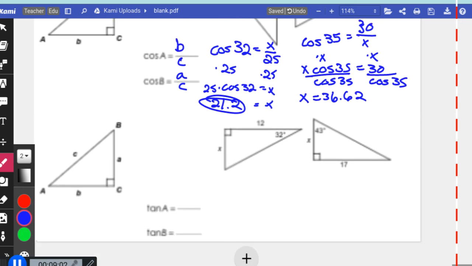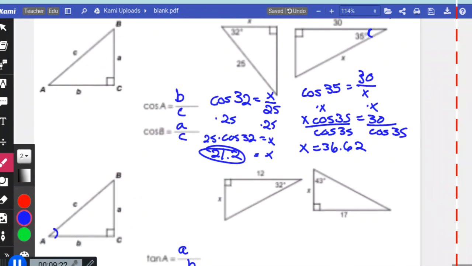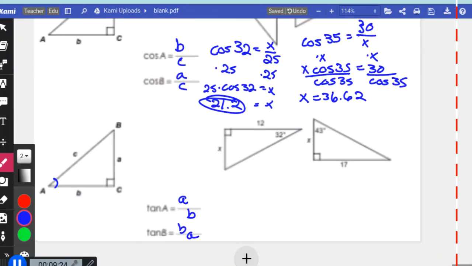Lastly, we've got tangent: opposite over adjacent. Tangent of A is going to be a over b, and tangent of B is going to be b over a. The equation is tangent of theta equals opposite over adjacent. So tangent of 32 equals x over 12.